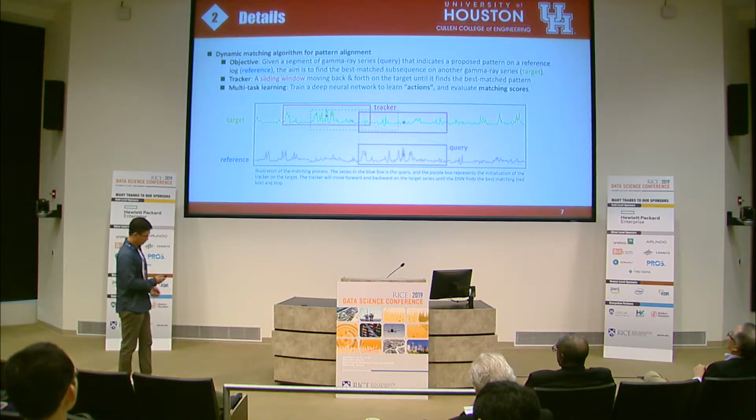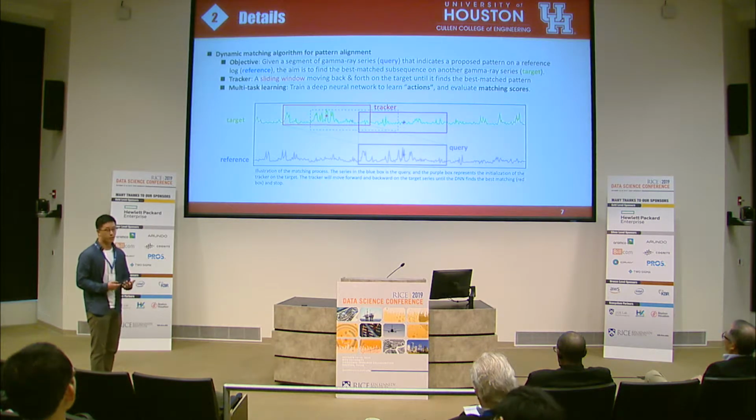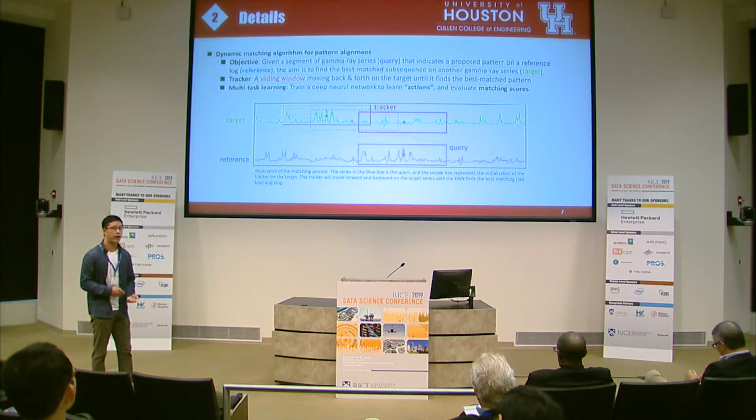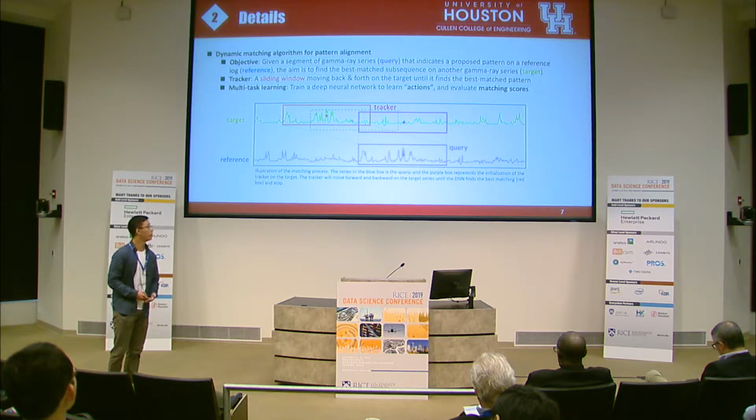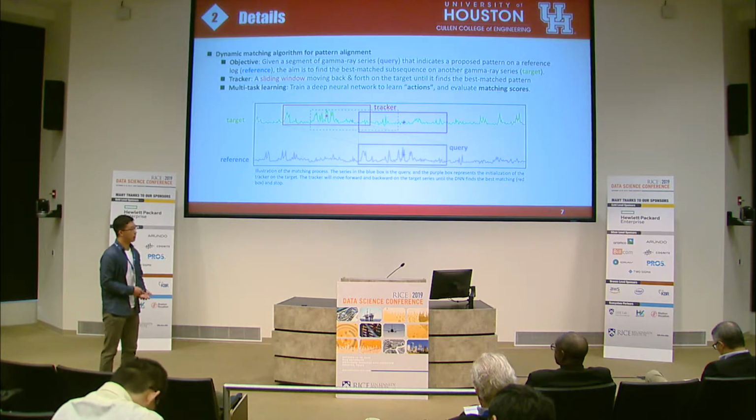Now, when we are given a segment of a gamma series, which we call a query, that indicates a proposed pattern on the reference log, our objective is to find its matched pattern on another log, which we call the target log. In our work, we propose the tracker.